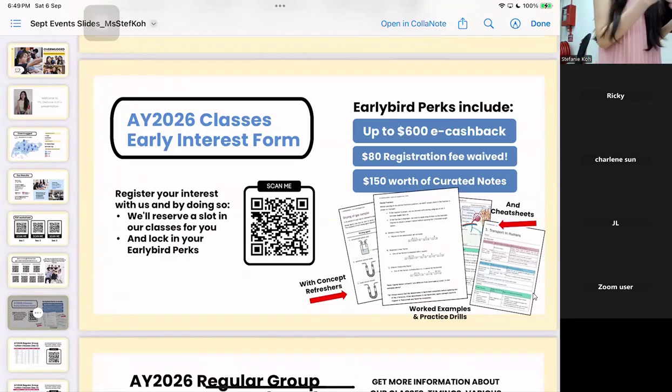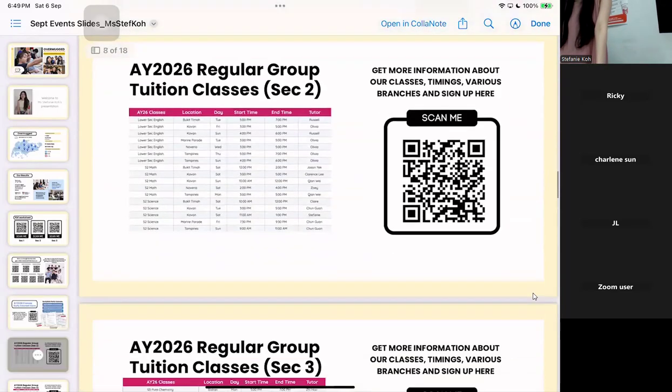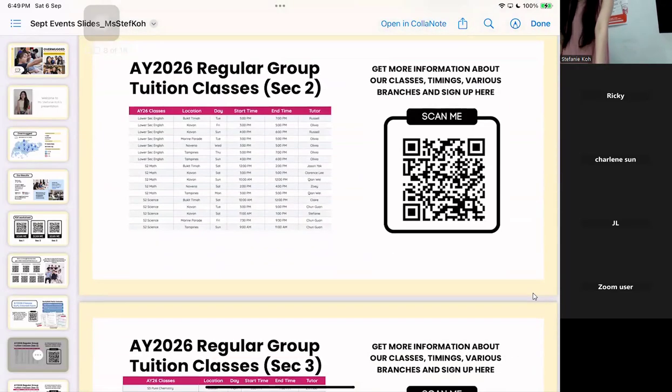Then you can decide and think whether you really want to sign up. If you don't want to sign up, it's fine. This interest form will just be another data in the system. But if you do want to sign up next time, let's say your mommy says okay, then you still have the perks locked in. So that is just that. Okay, Ken? So you just show your mommy this and then that's for next year lah, next year's classes.